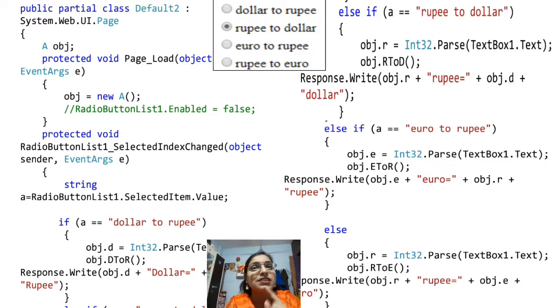So for that we have to pass the value. In this case we want to convert dollar to rupee, right? So whatever value you have entered inside the text box, that is dollars which you want to convert to rupees, that dollar value we have to store inside the D variable. If you have entered a euro value, then that value you will store inside the E variable.